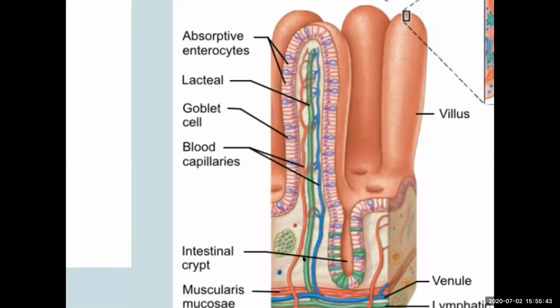So amino acids, which are a chemical building block for proteins, as you'll learn in physiology, along with sugars are absorbed into the blood vessels, into the capillaries, whereas fat, when it's broken down, is absorbed into the lacteal.